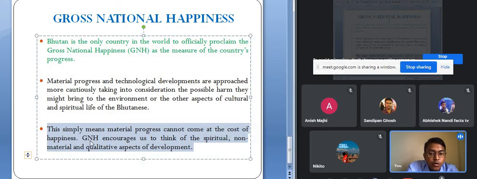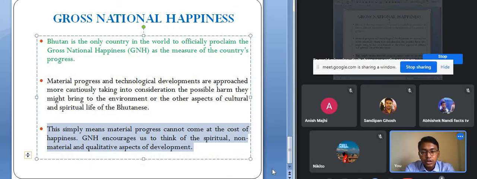So the gross national happiness, which Bhutan takes into account to measure development, encourages us to think about spiritual life, non-material life and the qualitative aspect of development, not about how much wealth I have, not about whether I have a car or a 3-4 storied building, but they try to measure the spiritual level, the non-material progress, and the qualitative aspect of life, to measure the level of human development.